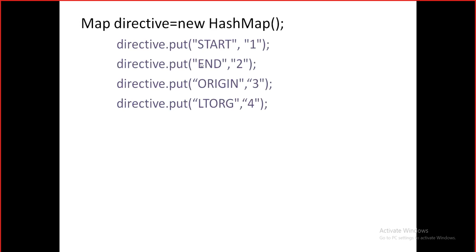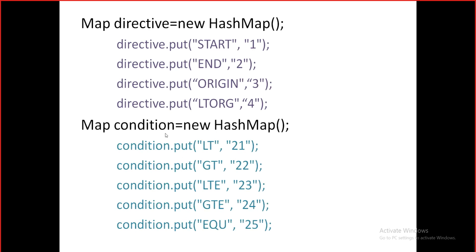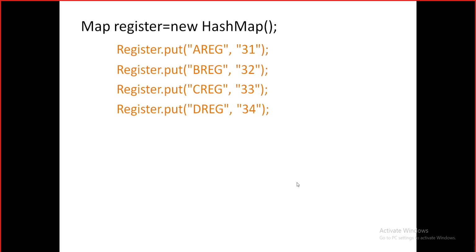I'm going to open it now. A hash map for the instruction variable, and a variable with the LC we can use.